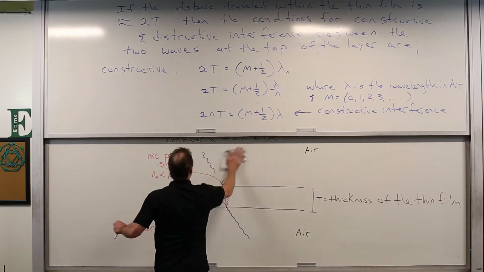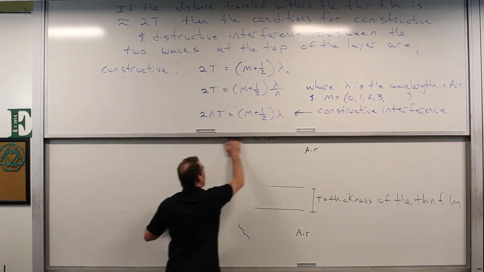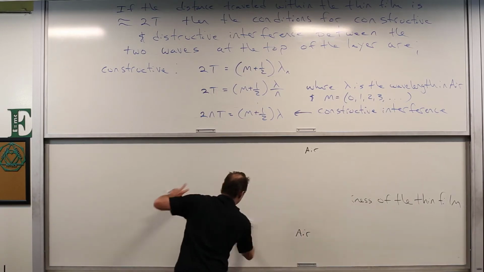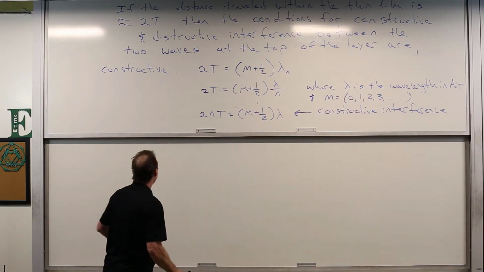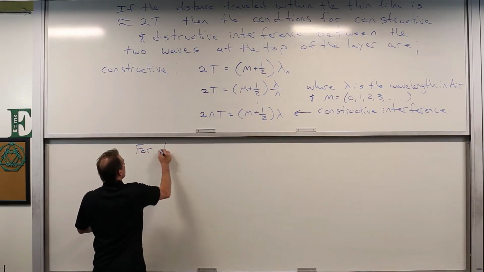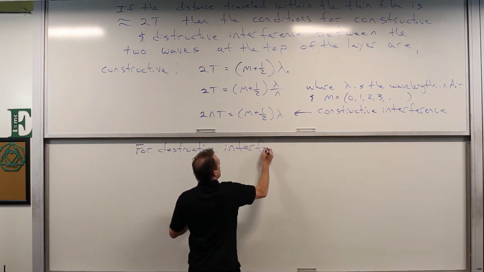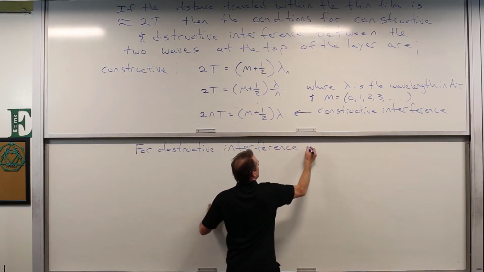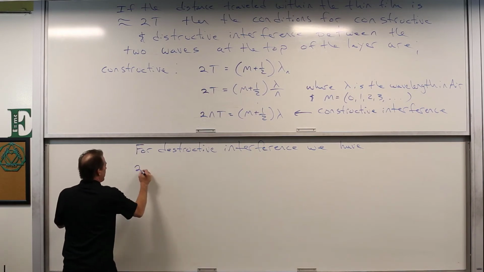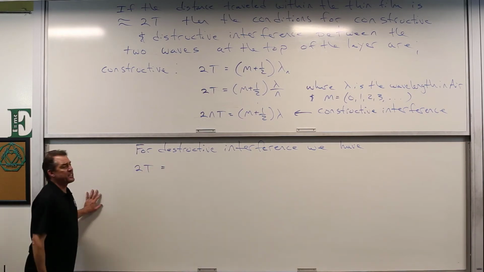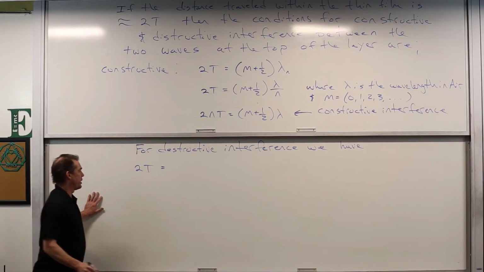What about destructive? Well, we've got the same correlation here, except for destructive. We have that the two paths have to be out of phase by 180 degrees. One's already got a phase shift, so for destructive, we have that 2 times the thickness has to be equal to integer multiples of the wavelength within the material.